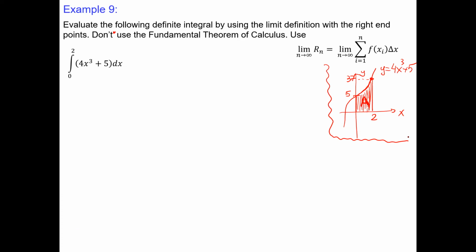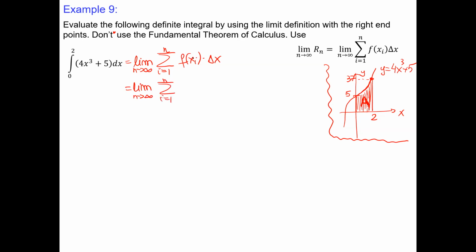Let's do the nice limit of the Riemann sum. Definite integral is the limit of the sum of the areas of the rectangles, height times base, delta x is the base, and we have the rectangles from 1 to n, and the number of rectangles is huge, infinity. Let's evaluate for our function.